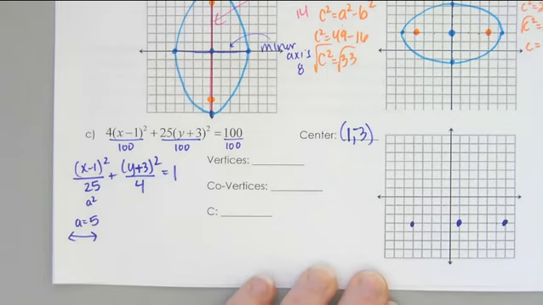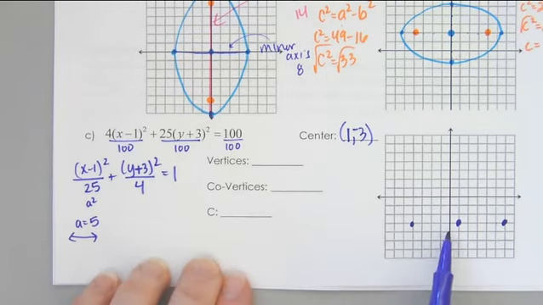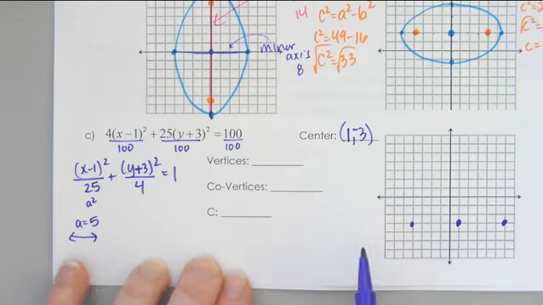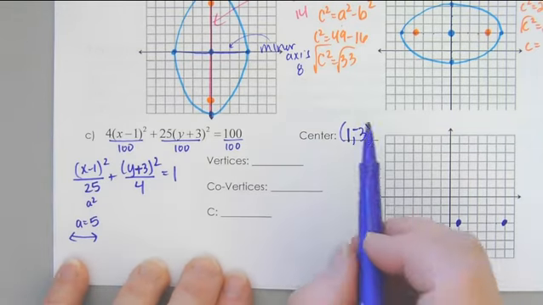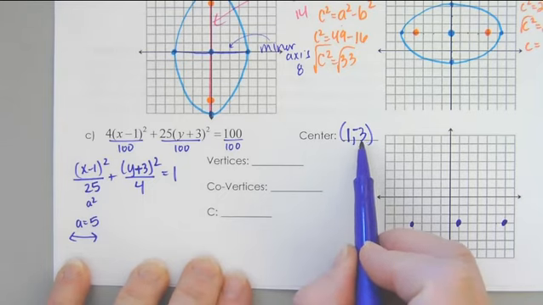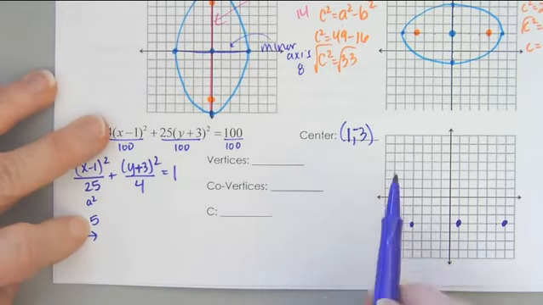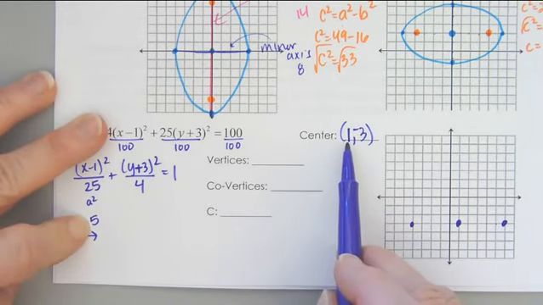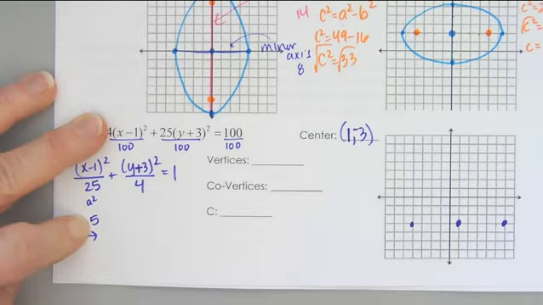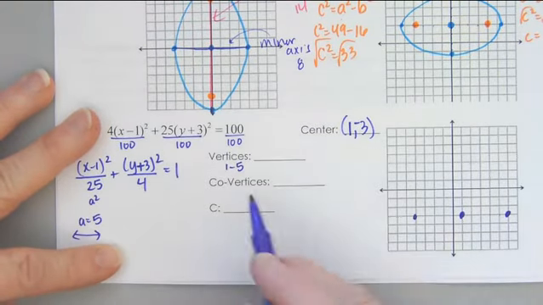Those are my vertices. So let's go ahead and write those down. Right now, they're pretty easy to look at the graph and determine what they are, but let's do this algebraically. My center was at 1, negative 3. Since the square root of 25, which is 5, is under the x, we are going to add and subtract 5 from the x value of the center. So 1 minus 5 is going to give me negative 4.